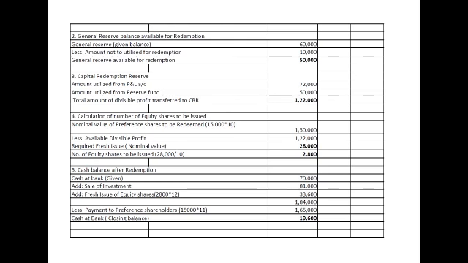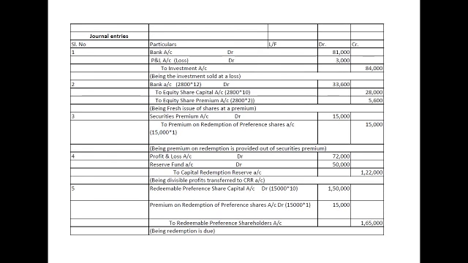But ultimately, as per the condition given, to the extent of the remaining amount, the company can go for issuing the equity shares. Then the last working note, cash balance after redemption. So that we will see later after passing the journal entries, so we will come to know wherever we will get the bank account.